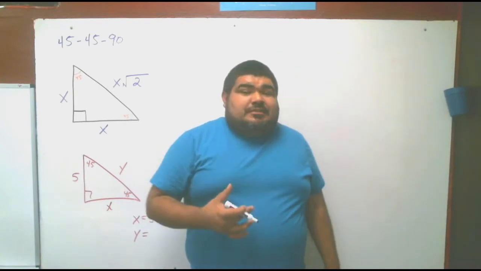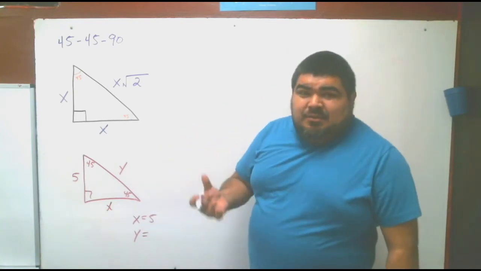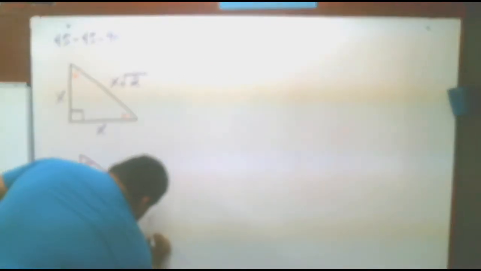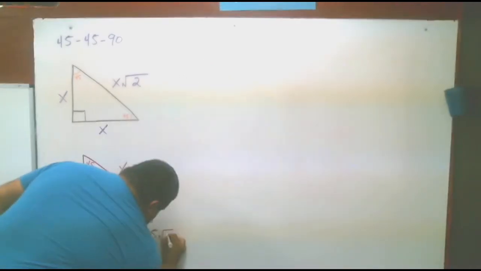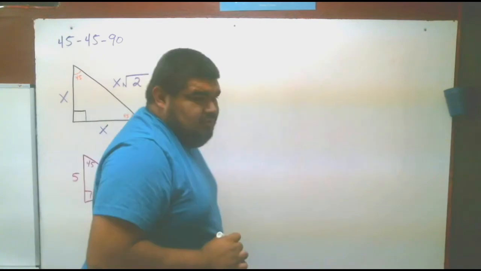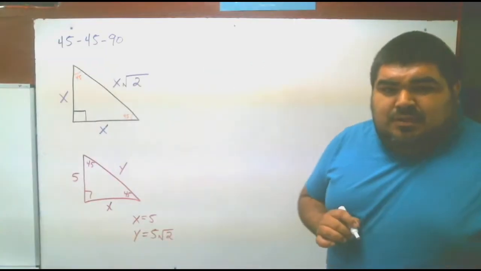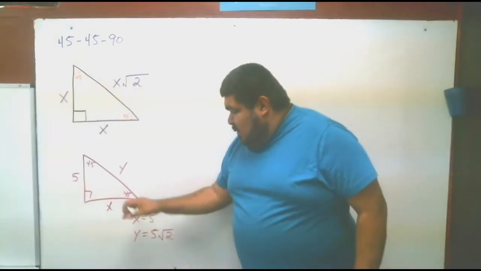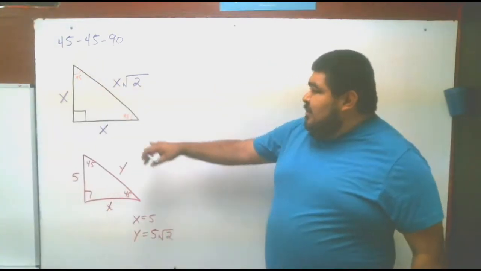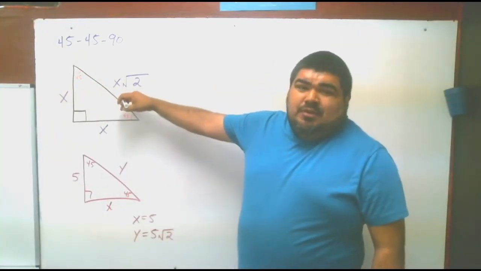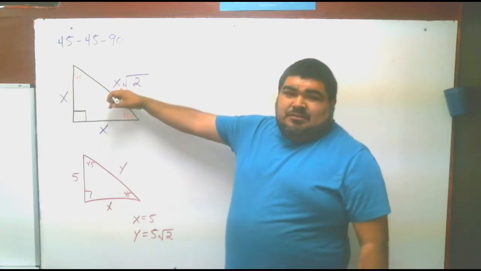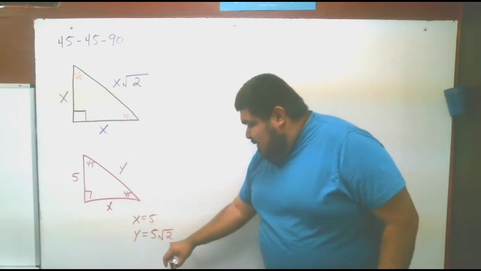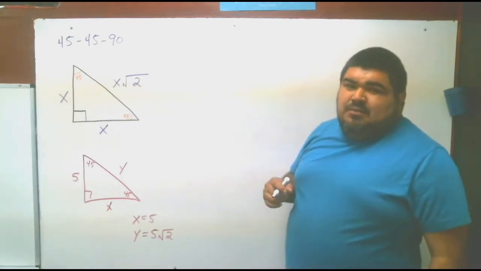Since a number itself and radical of 2 are not the same, you leave both. So y equals 5 radical of 2. So your answer for x is 5, y is 5 radical of 2, because it's x radical of 2.